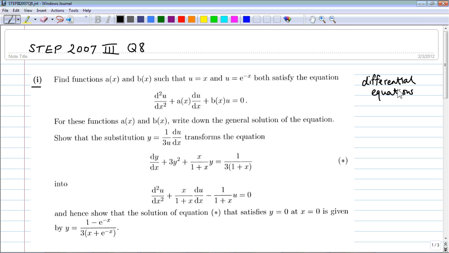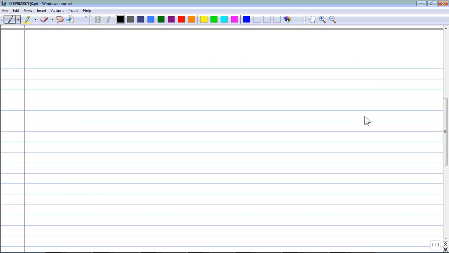So in further pure maths, you would have learned about, I guess, a couple of things. The general second order linear differential equation. This is by the side of the actual question, but just about prior knowledge.